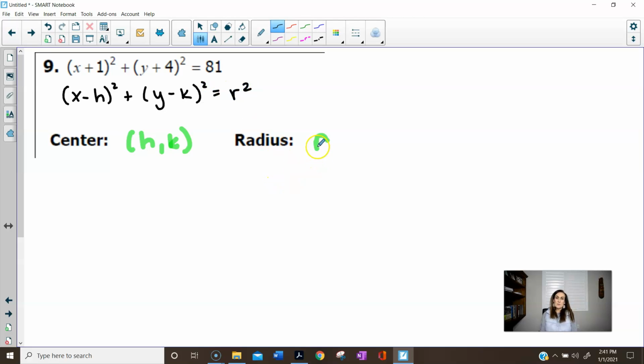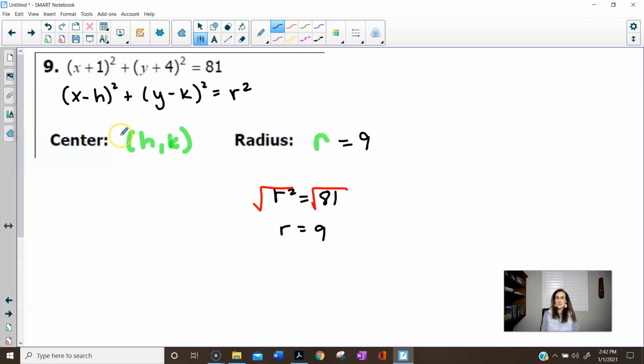So let's start with finding r. We know r squared is equal to 81. So we don't want r squared though, we want r. So we'll square root both sides and r will be equal to 9. So we know that the radius is 9.